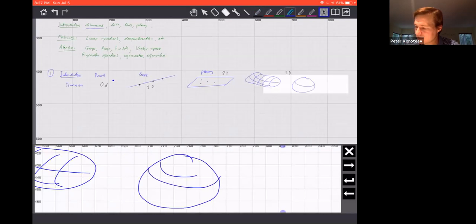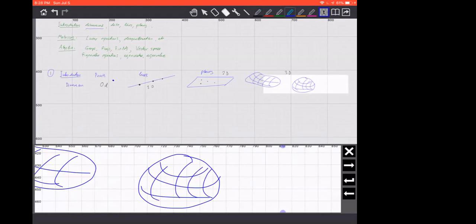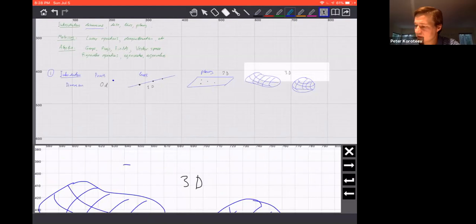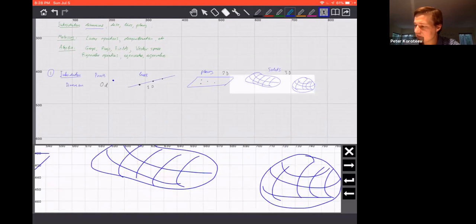So a ball has to be filled with stuff, right? It's not just the surface of the ball. And then we can call them solids. So solids are 3-dimensional, and again, they consist of points, right?